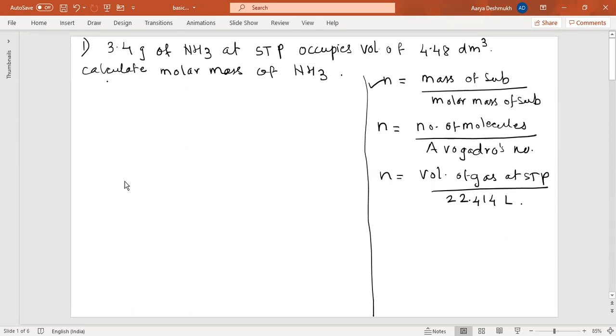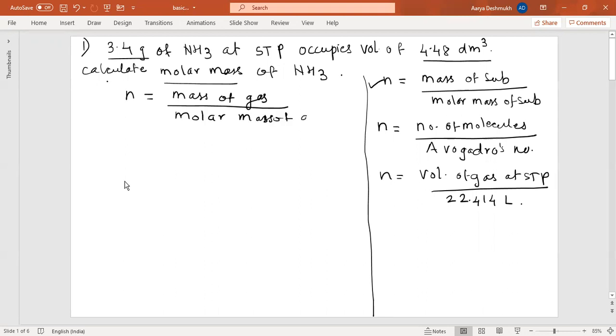We are given the mass of the substance and the volume is also given here, so we'll have to combine two things together. First, we write the equation: number of moles equals mass of gas divided by molar mass of gas.